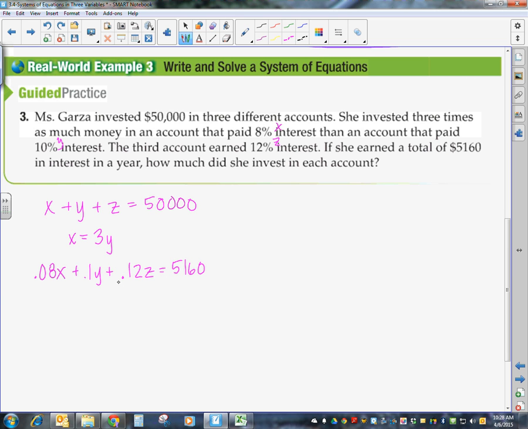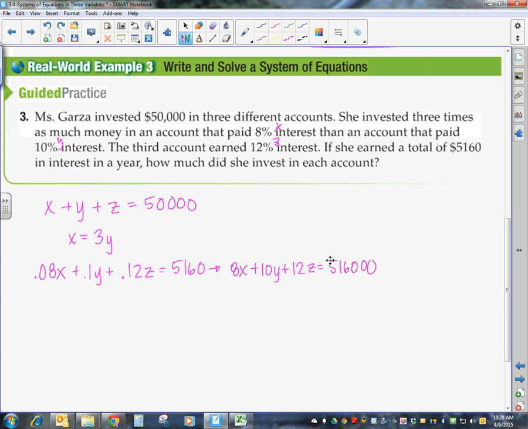I'm going to go ahead and simplify that one, get rid of those decimals, and that gives me 8x plus 10y plus 12z equals 5160 with 2 zeros added on.